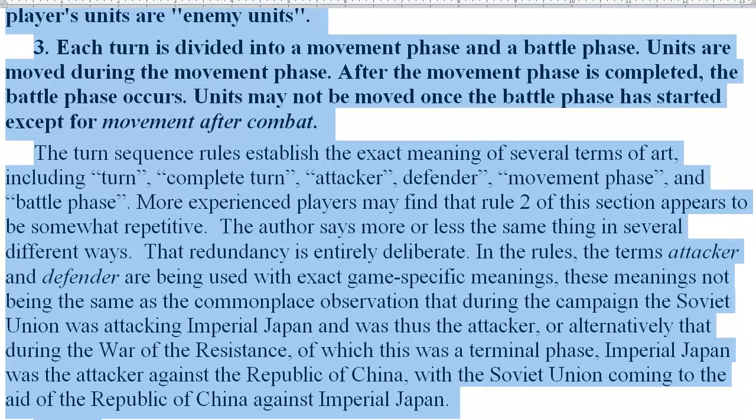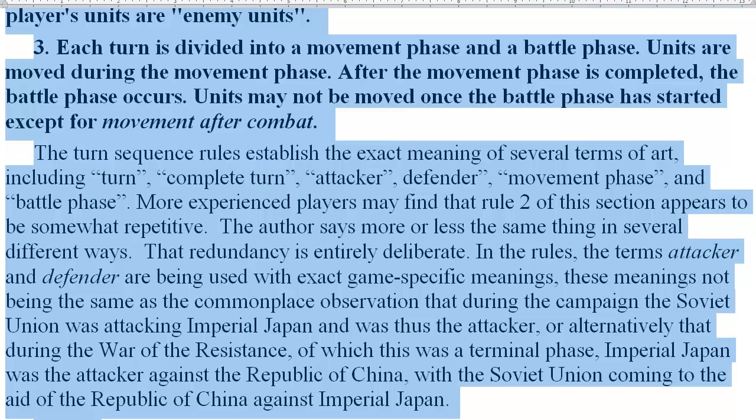Now we specify for each player turn some phases. Many wargames have rather complicated phased moves, move, attack. Fall of Manchukuo is actually quite straightforward. There is a movement phase in which the player whose turn it is gets to move his or her units.